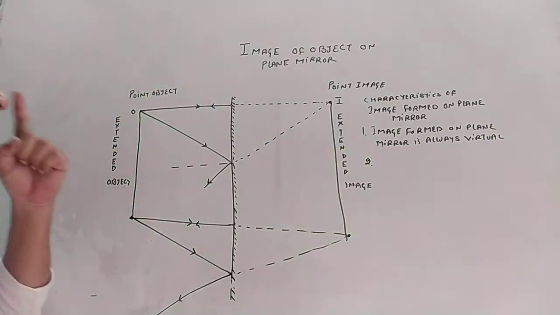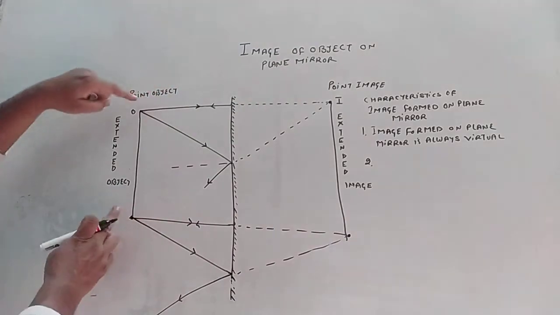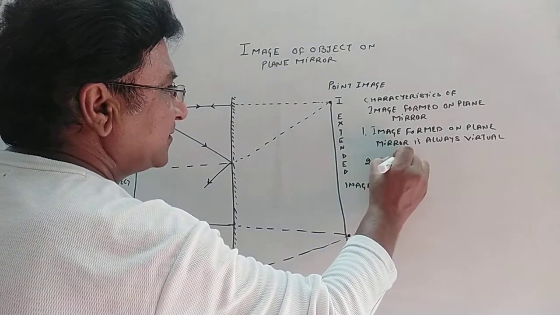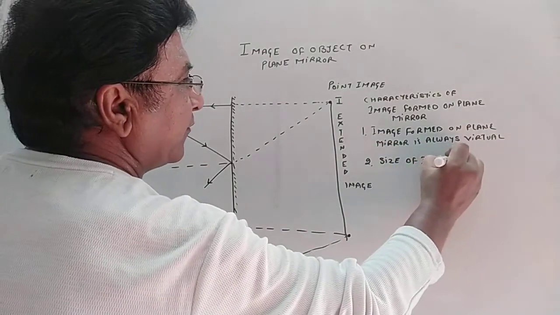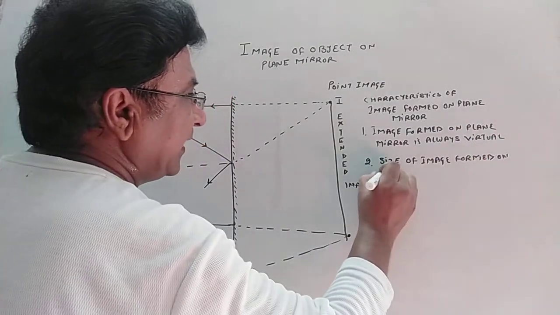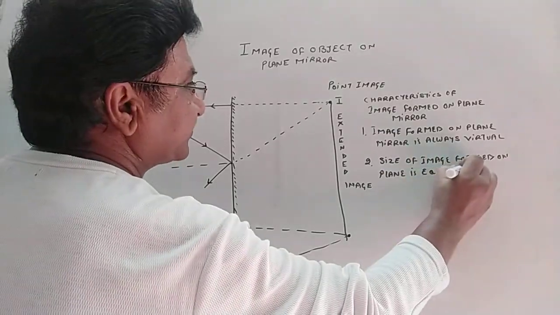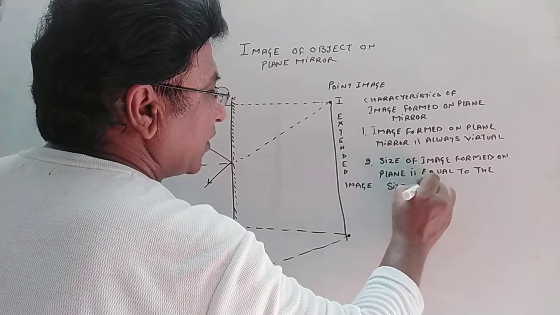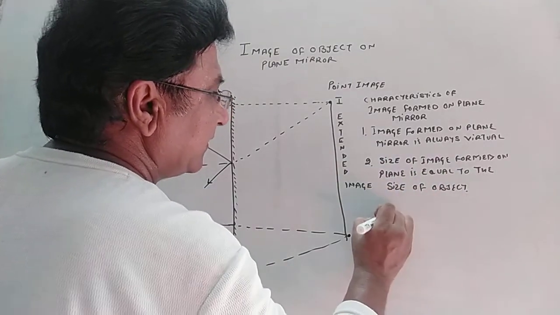Number 2, the size of the image formed on a plane mirror is equal to the size of the object. This is the second property.